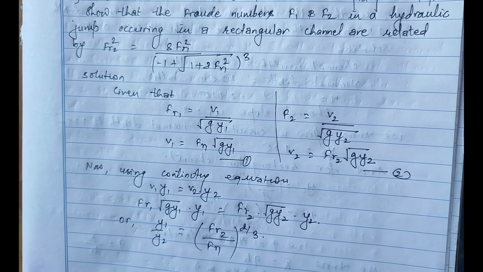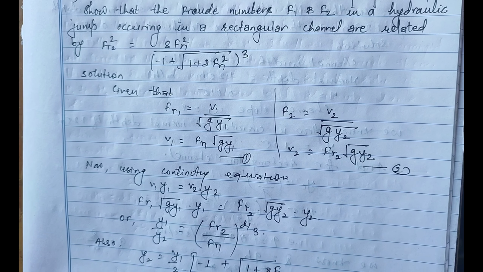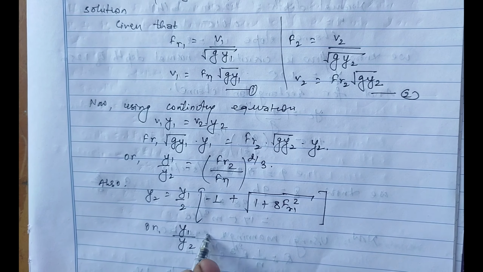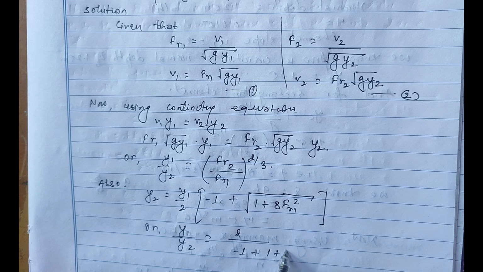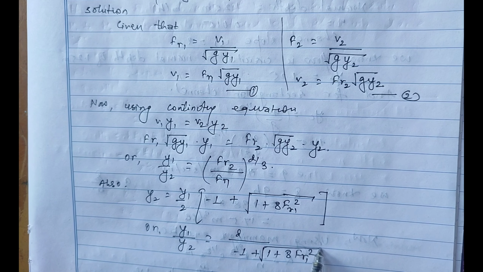Also, this equation can also be written as y2 = (y1/2) (-1 + √(1 + 8Fr1²)), or y1/y2 = 2/(-1 + √(1 + 8Fr1²)).